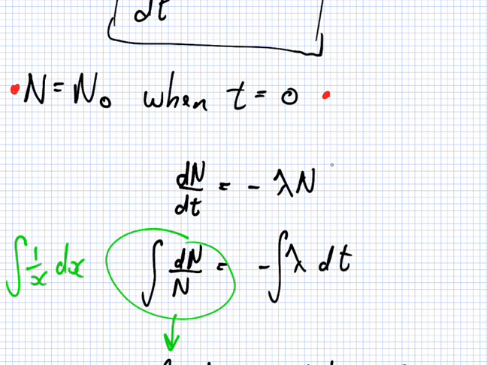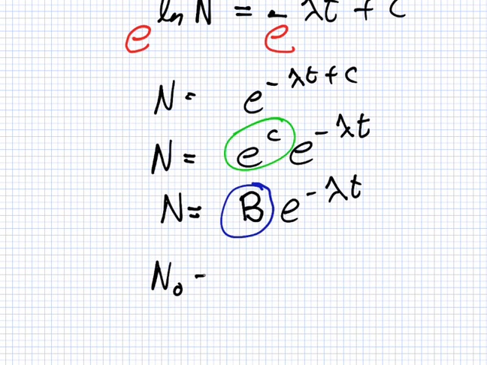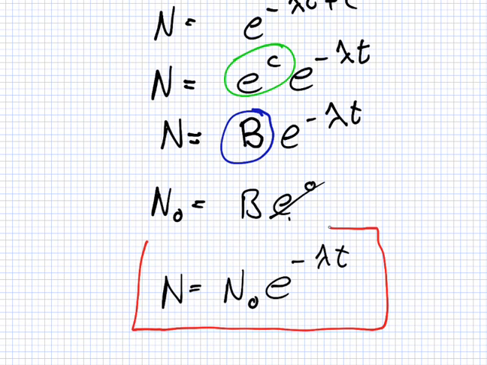So we have n0 equals b e to the power 0. As you were saying, b is n0. So now we have our result: n equals n0 e to the minus lambda t. This is a very important result.